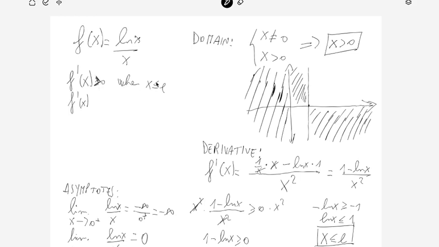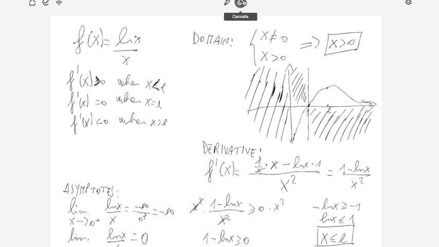We can do strictly positive and strictly smaller. It is equal to 0 when x is equal to e. This means that the function increases, reaches e, and then decreases.